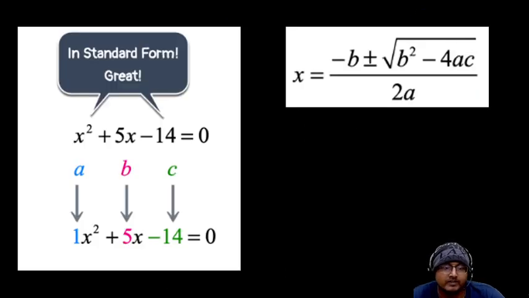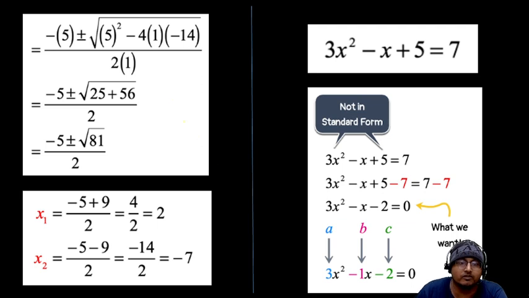Similarly, we have found out the a value, b value and c value: 1, 5, minus 14, which we have substituted in this equation. Minus b, we have substituted minus 5. A is equal to 1, b is equal to 5 and c is equal to minus 14.